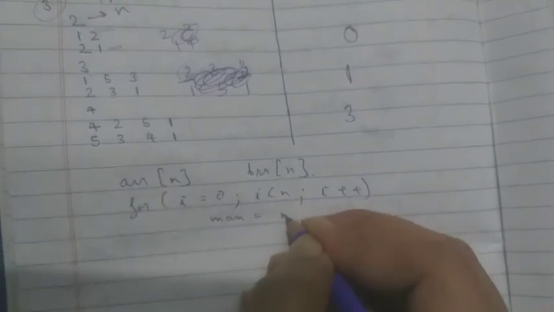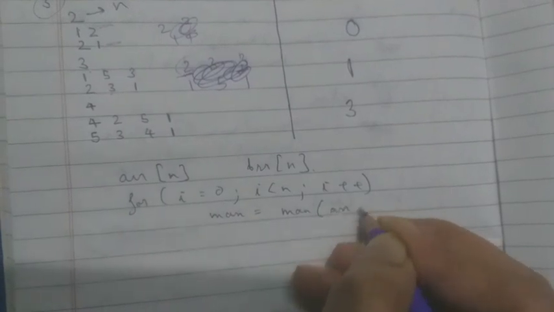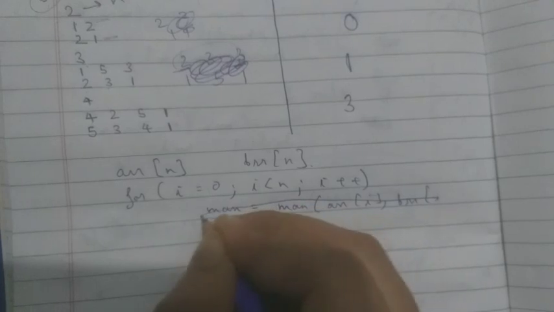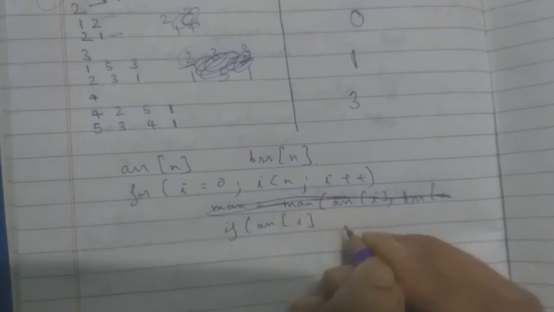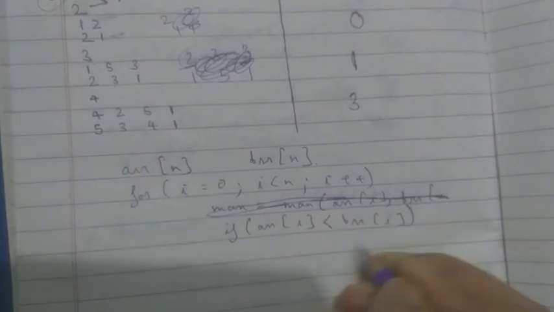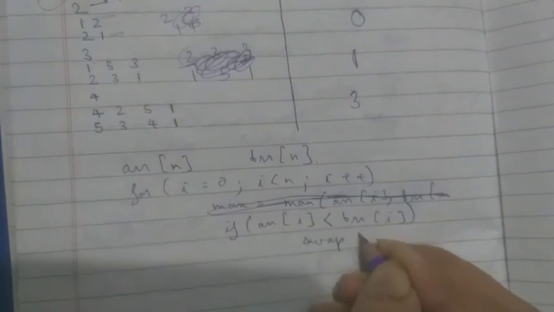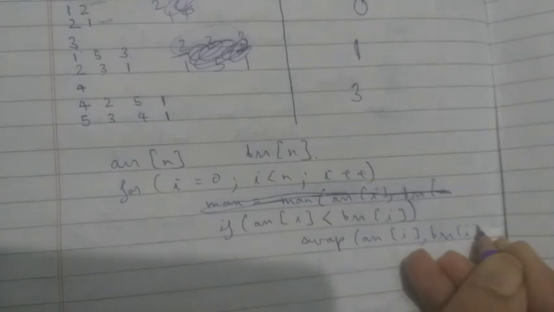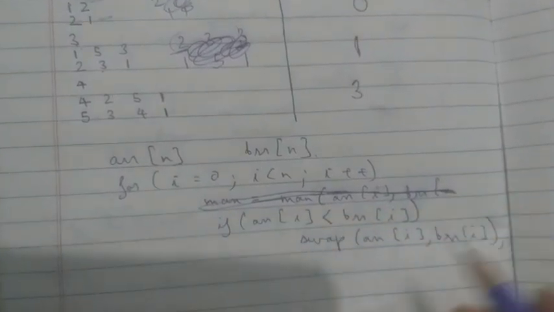If ARR of i is lesser than BRR of i, then we are going to swap ARR of i and BRR of i. This is much simpler, but you can use any other algorithm.